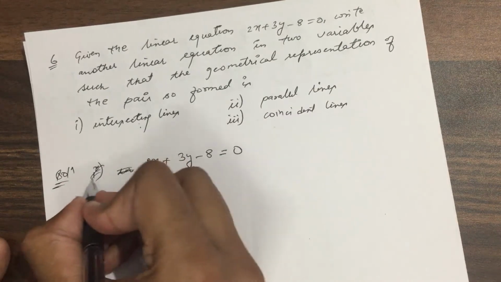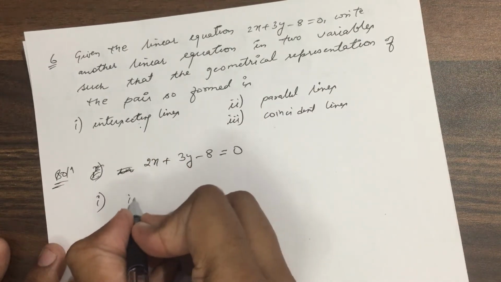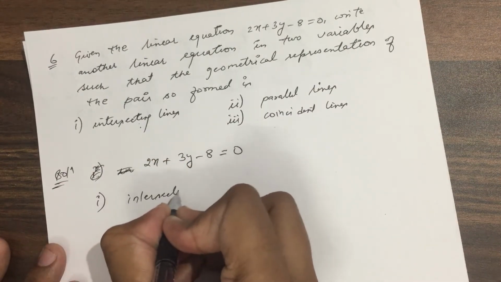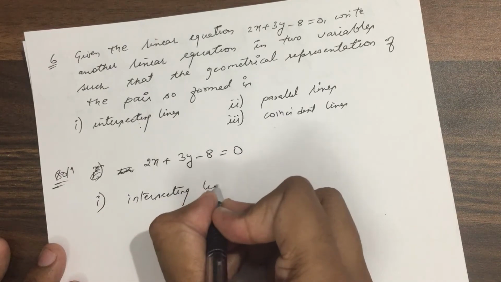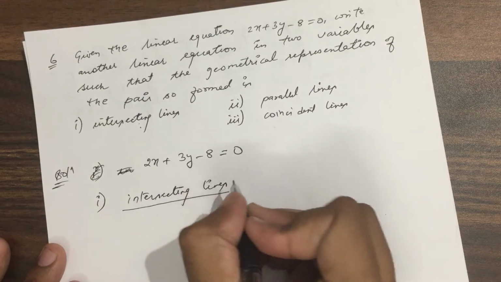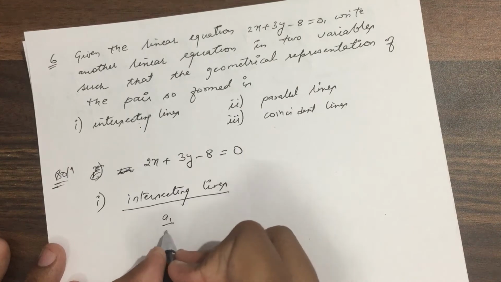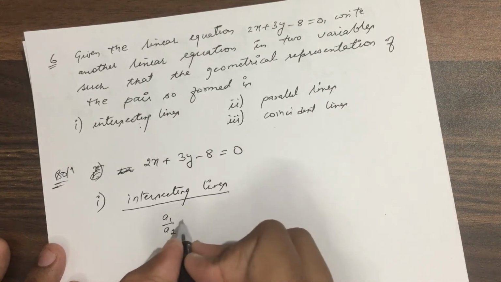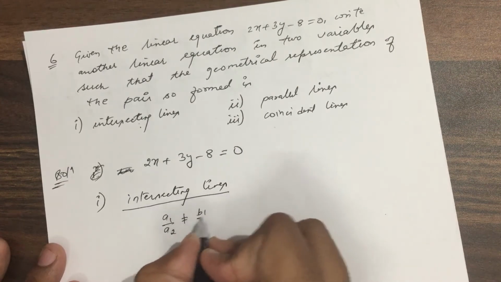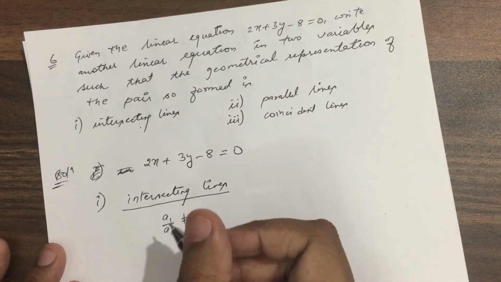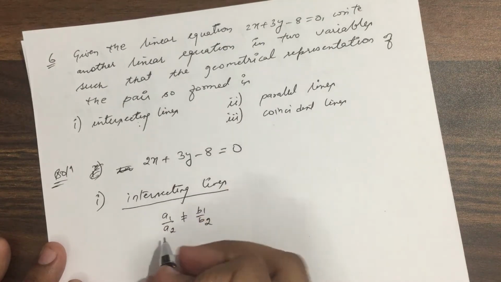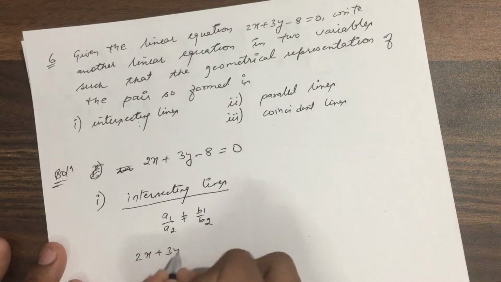Now you have to write another equation such that they both will form intersecting lines. So we know that intersecting lines will be formed when the ratio of coefficients a1 upon a2 is not equal to b1 upon b2. Okay. So what we can do?